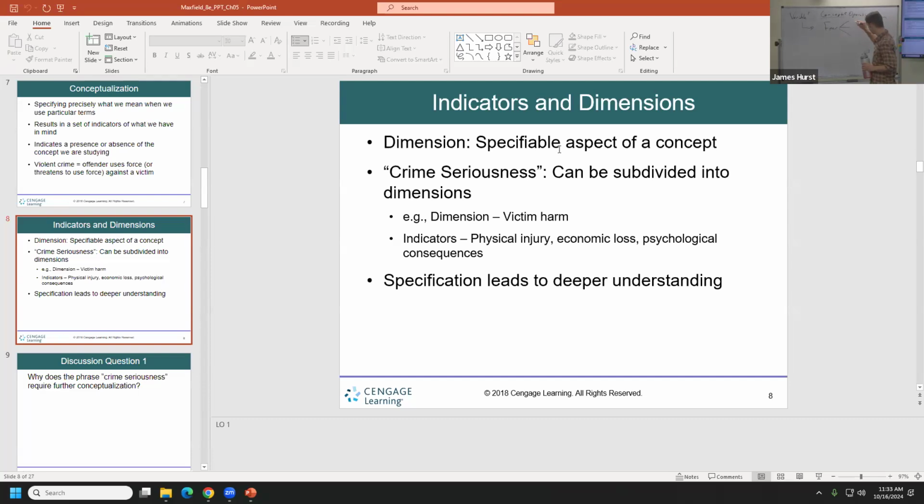One's going to be cognitive, the other one's emotional. And this one's behavioral. Right?